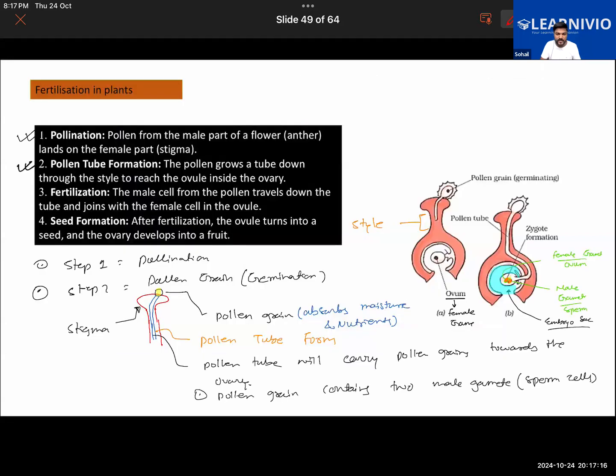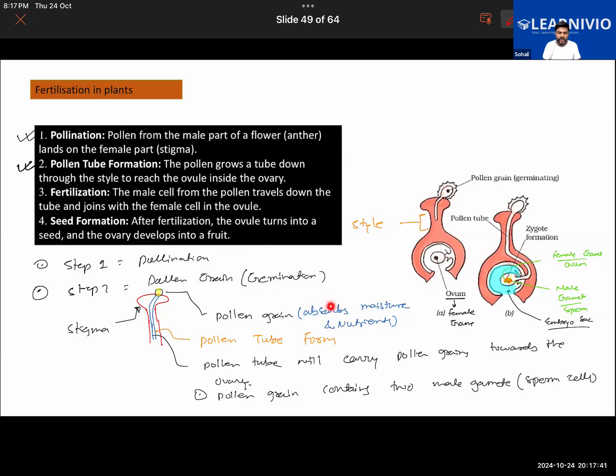No, sir. So let us sum up what has happened so far. First step is pollination, where the pollen grain will land from the anther of the flower onto the stigma of the flower. As it lands on the stigma, pay attention here, Razan, look over here. So germination will take place now. How will the pollen grain germinate?